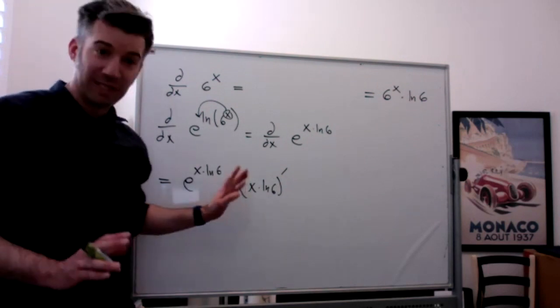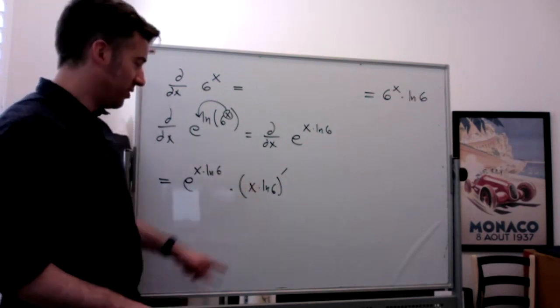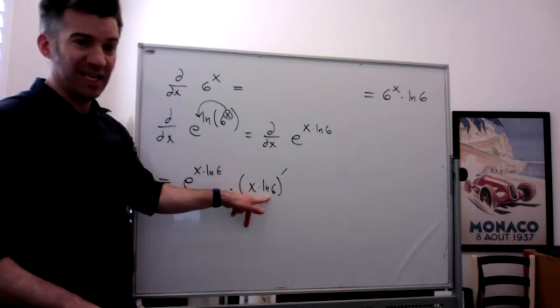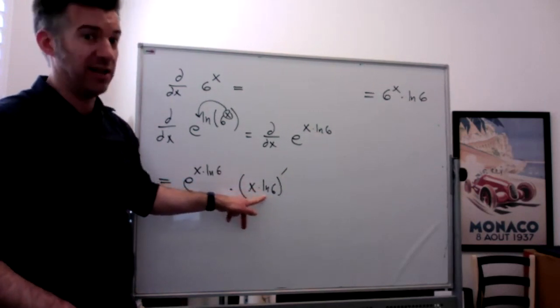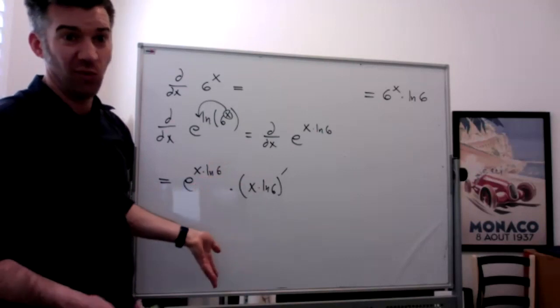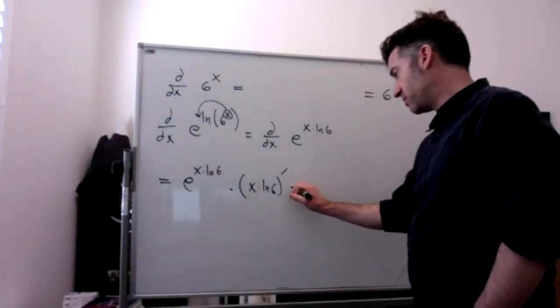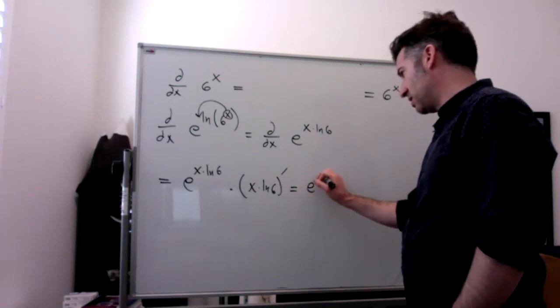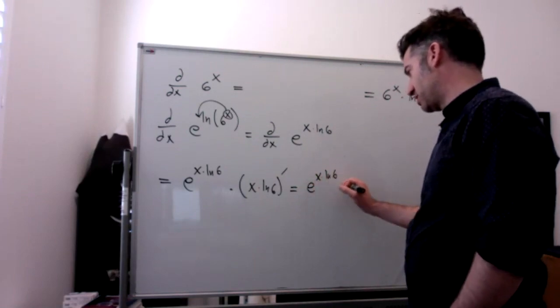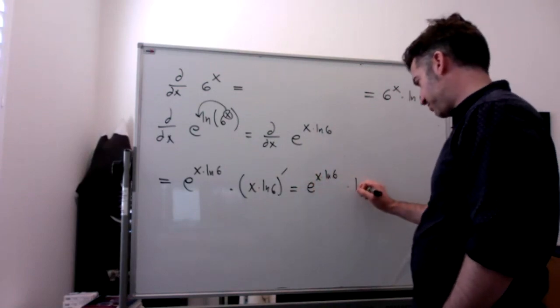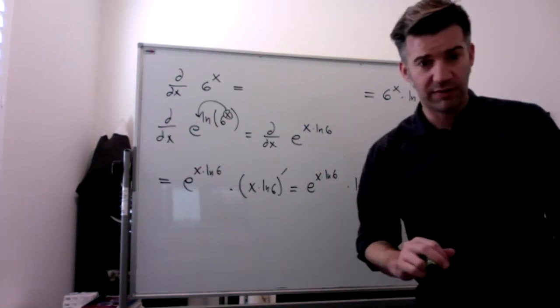But we've seen it a few times now. The derivative of x times a constant is just that constant, right? Natural log of 6 is some constant. I don't know what it is, but it's a constant. So that's going to be e to the x times natural log of 6 times the natural log of 6.